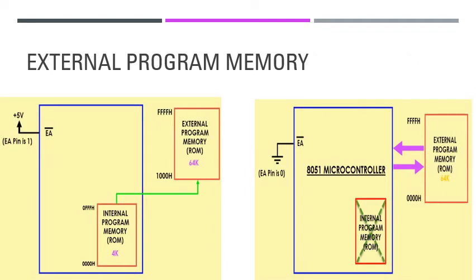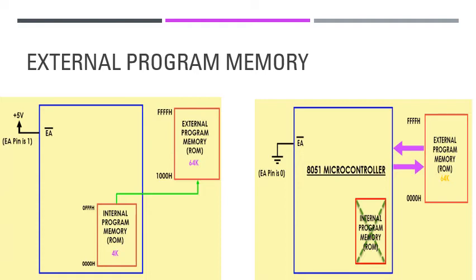In case of 4 kilobytes of internal ROM, the address space is from 0000H to 0FFFH. If the program address exceeds this value, then the CPU will automatically fetch the code from the external program memory. For this, the external access pin EA must be pulled high.